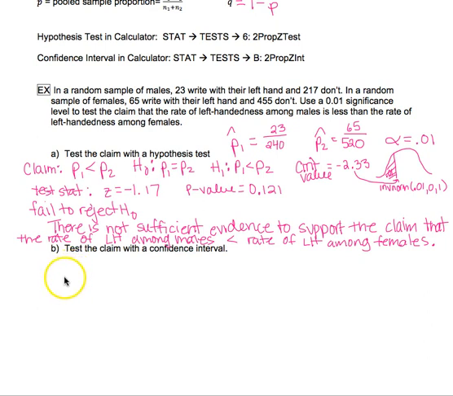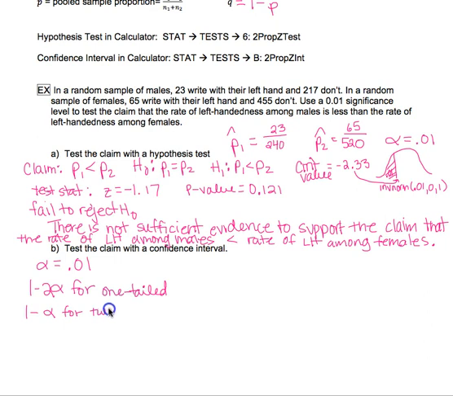So remember that in this case my alpha is 0.01, and when we have a one-tailed test... Remember back from chapter 7 that when we have a confidence interval we use 1 minus 2 alpha for one-tailed tests because we're trying to get the percent confidence, and we use 1 minus alpha for two-tailed.